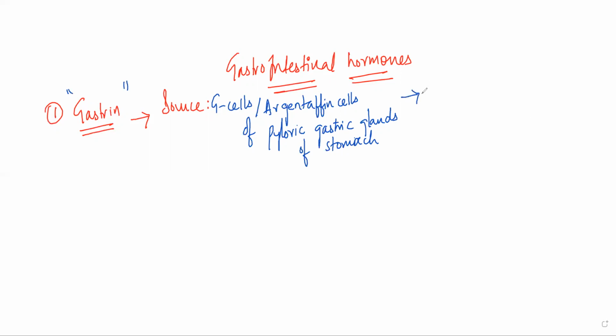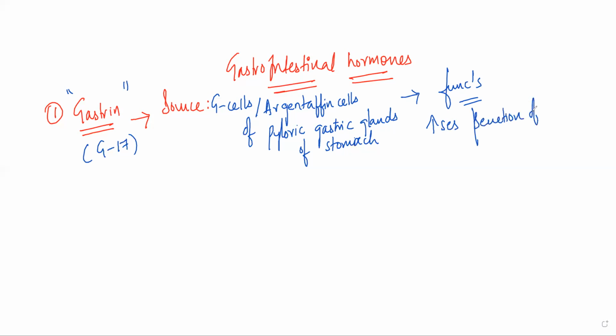And we even call this one G17 because this is made up of 17 amino acids. And the important thing here about the functions of your gastrin is, the first thing, it increases the secretion of hydrochloric acid, children.